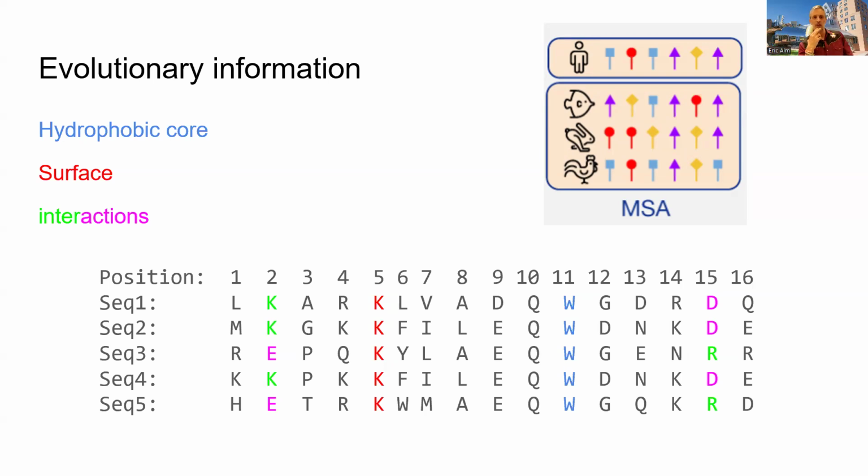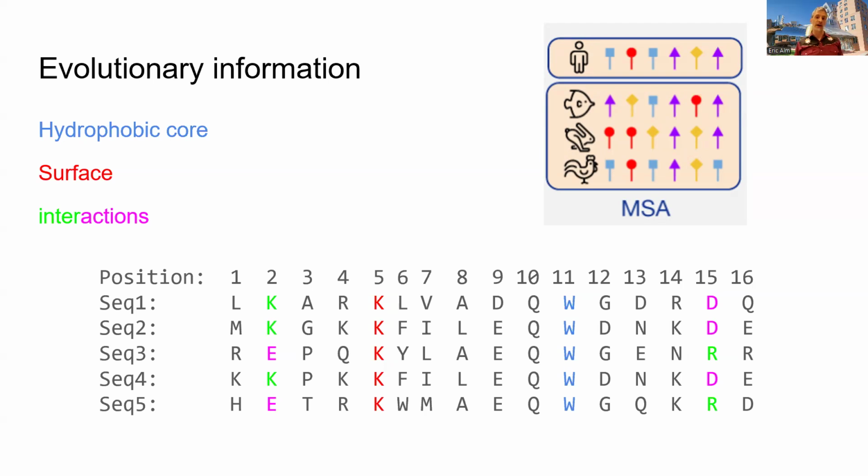So if we look at the column of Ks that's completely conserved across all my sequences, and I've colored it red here, now I have a conserved position that I know is a lysine, so it's positively charged. And one reasonable assumption is, if it's conserved and it's charged, then it's probably on the surface of the protein, or maybe it's in the active site, but that's also probably on the surface.